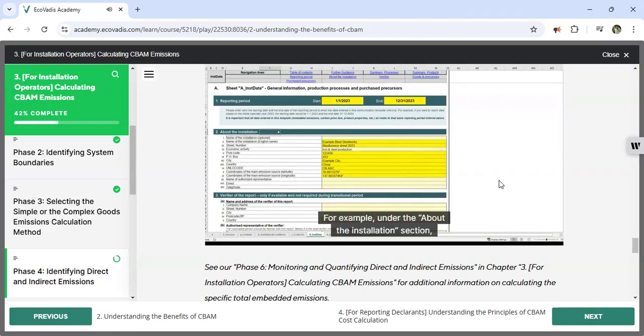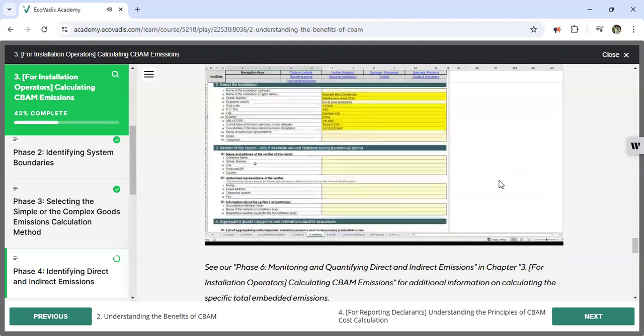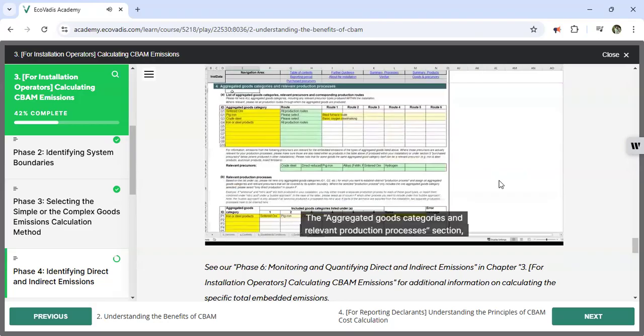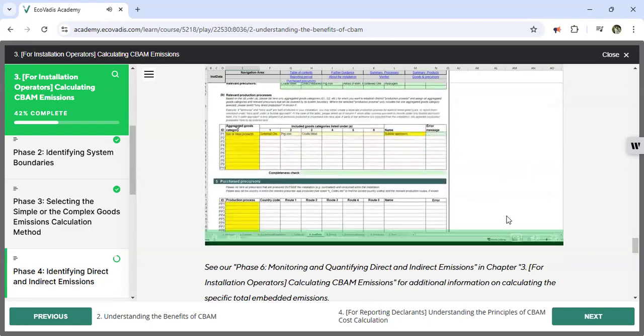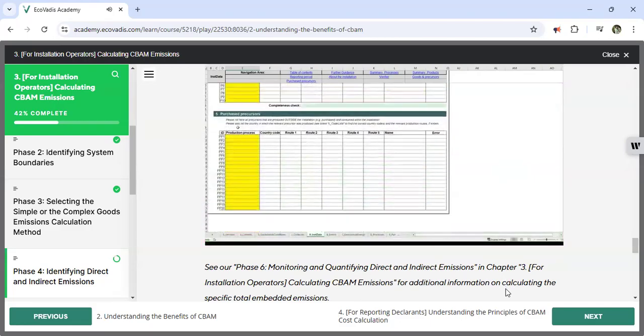For example, under the About the Installation section, it requires the input of the name of the installation, postcode, country, etc. The Aggregated Goods Categories and Relevant Production Processes section requires the input of all aggregated goods categories, including any relevant precursor types produced within the installation. The Purchased Precursors section requires the input of all precursors that are produced outside the installation and the corresponding production routes.